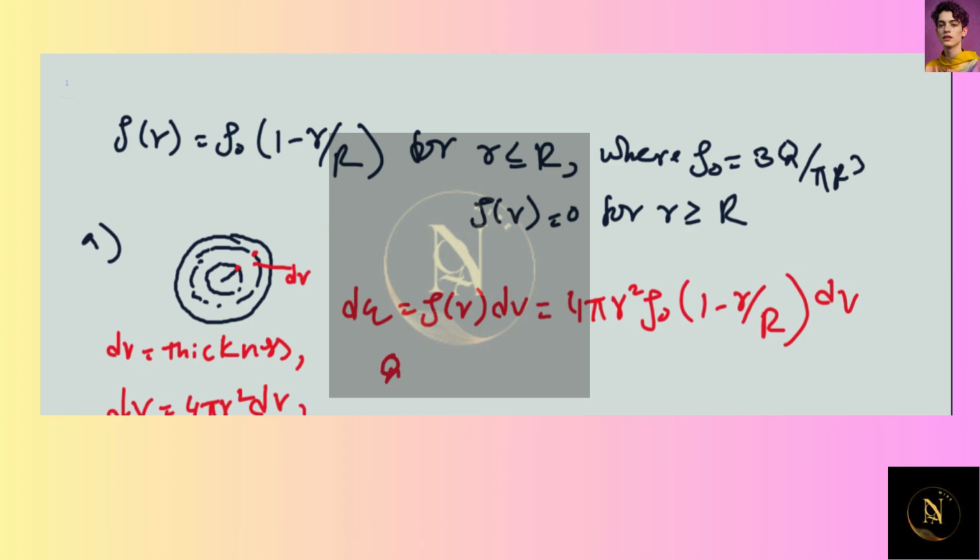So Q is equal to the integration of dq, and we can substitute for dq from 0 to R, that is 4 pi r squared rho naught times 1 minus r divided by capital R times dr.